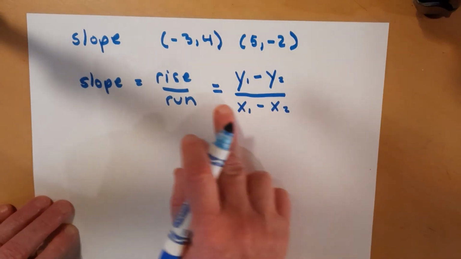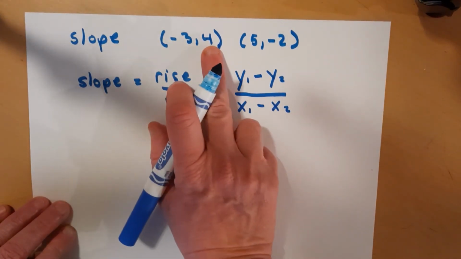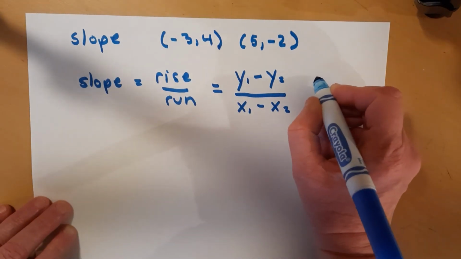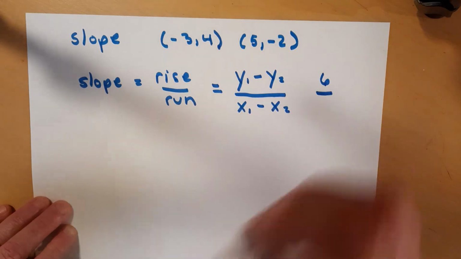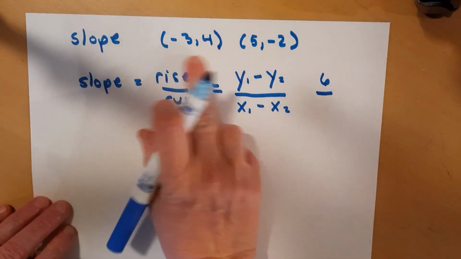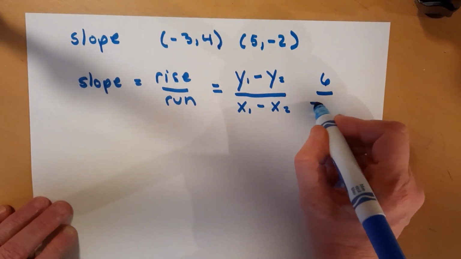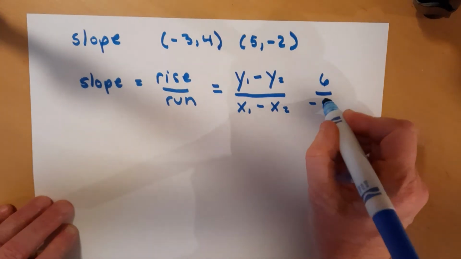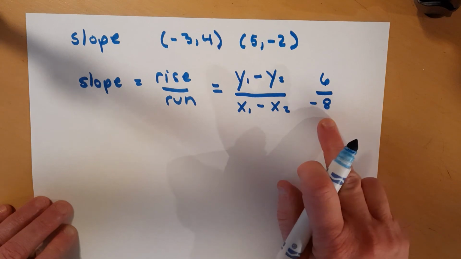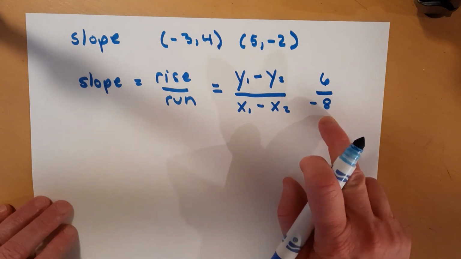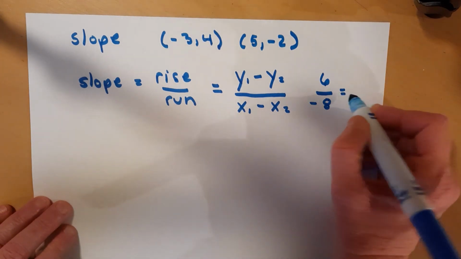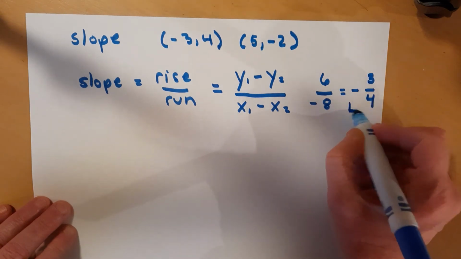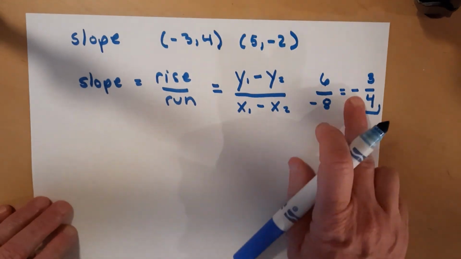Okay, so we have 4 minus -2, which is 6. And then we have -3 minus 5, which is -8. So the slope of this line, we have to reduce that, because this fraction can be simplified. So we are going to reduce it to -3/4. And that's how you find the slope of the line. That would be the slope of the line.